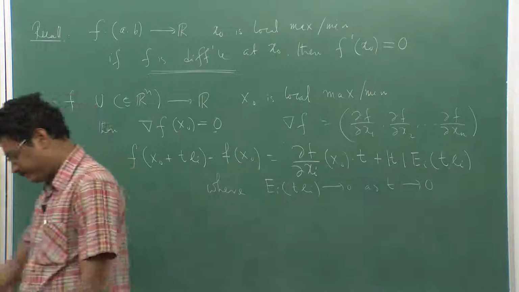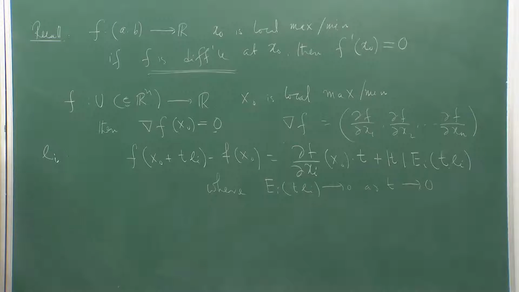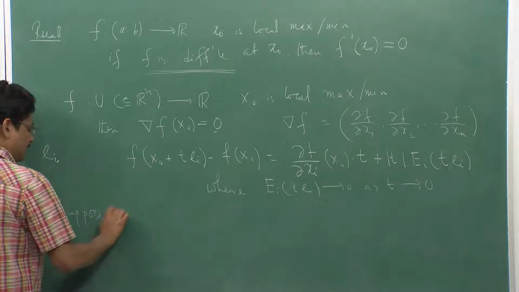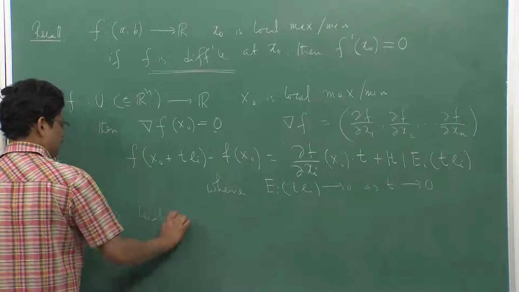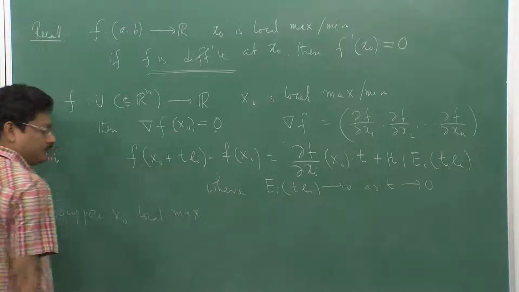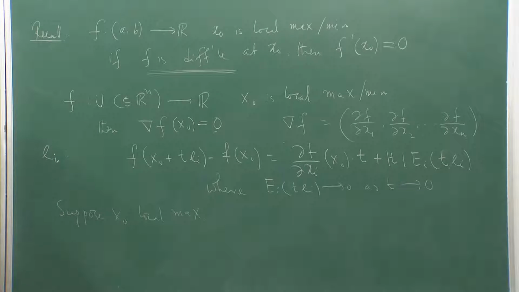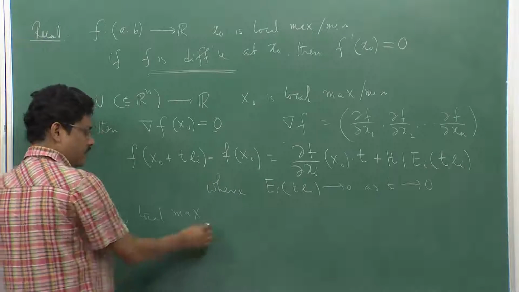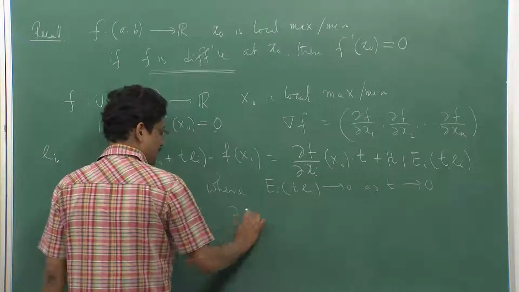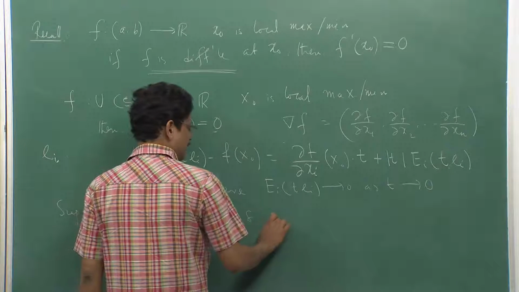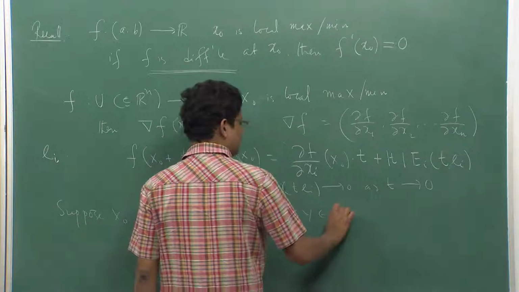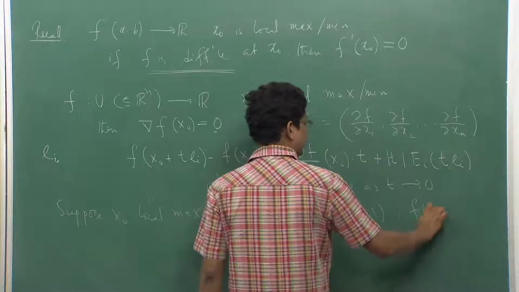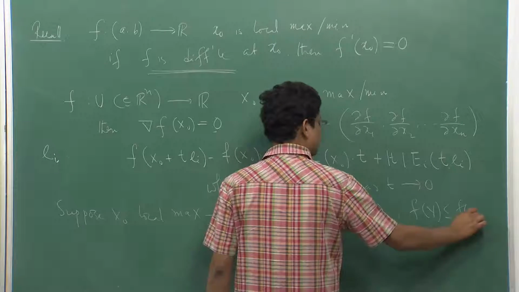Now, what happens? Suppose f at x naught is a local maximum. Then there exists delta such that for all y in B(x naught, delta), f of y is less than or equal to f of x naught.